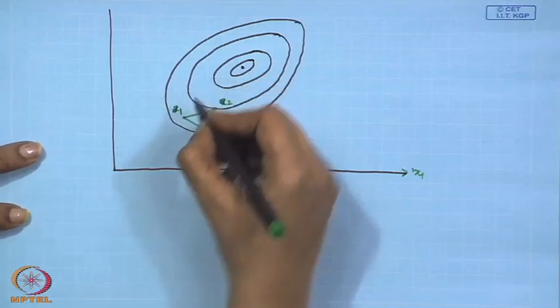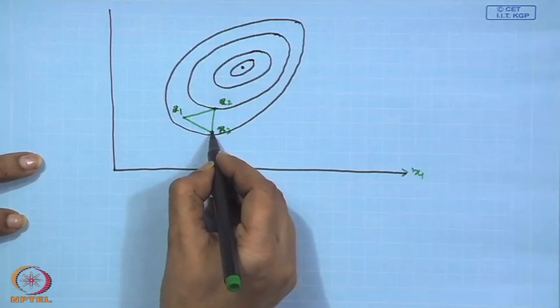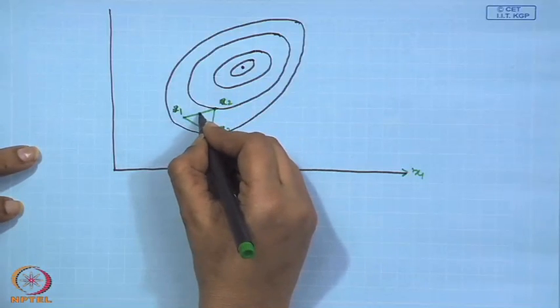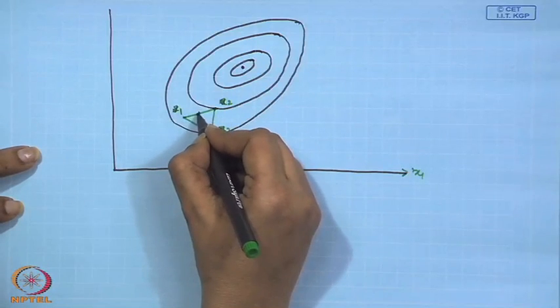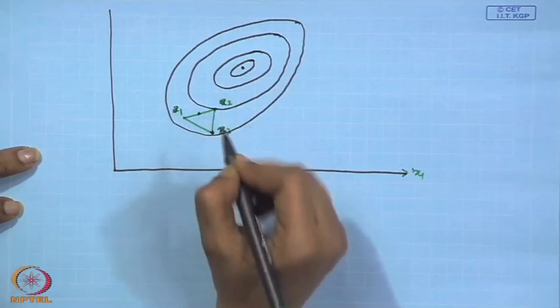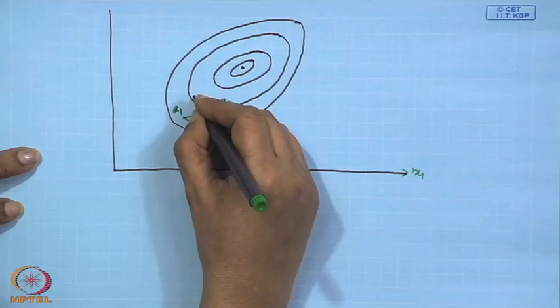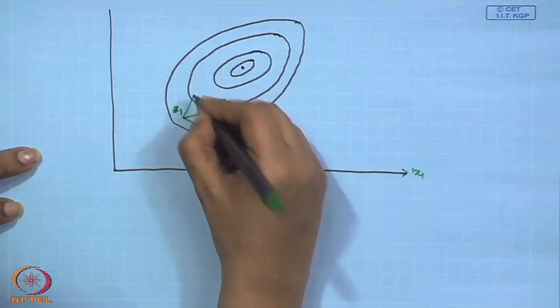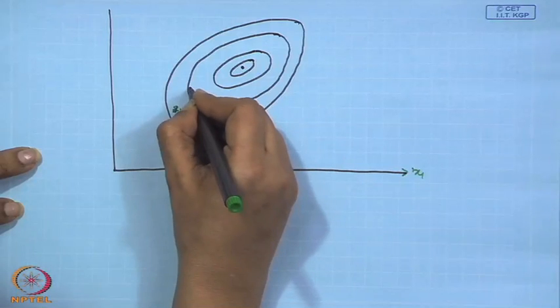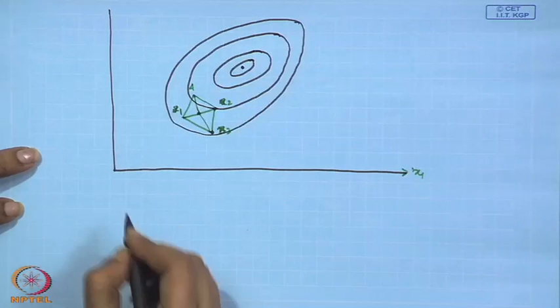That is why we will do the operation. Since it is having the higher value, we will take the centroid of the other 2 points, and we will move in this direction to the next point. That would be number 4 for me.